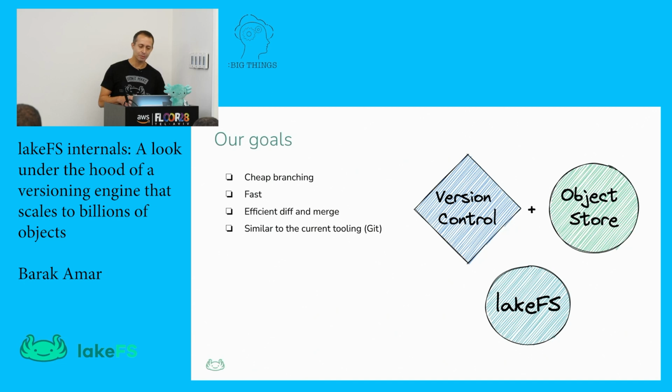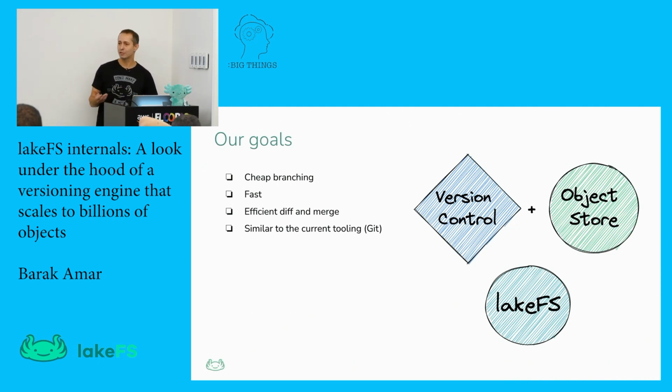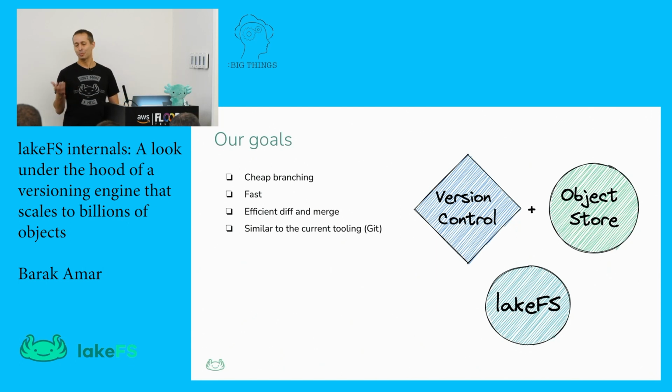So at the beginning, we had a very short wish list of requirements. The first one was cheap branching. As you saw in Tal's talk, one of the main capabilities is branching. Having cheap branching is a way for us to prevent you from copying your data in your production bucket in order to continue working while using lakeFS.